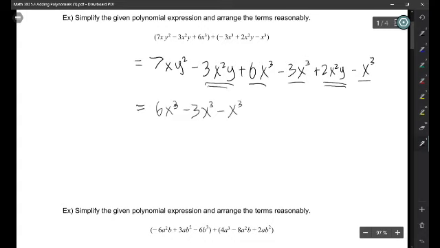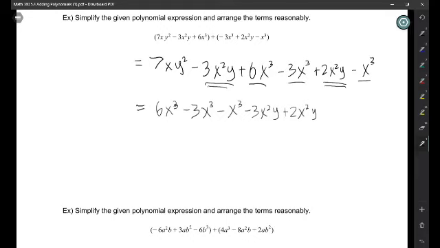Then the x squared terms, minus 3x squared y plus 2x squared y. Then the x, this last term by itself, plus 7xy squared.